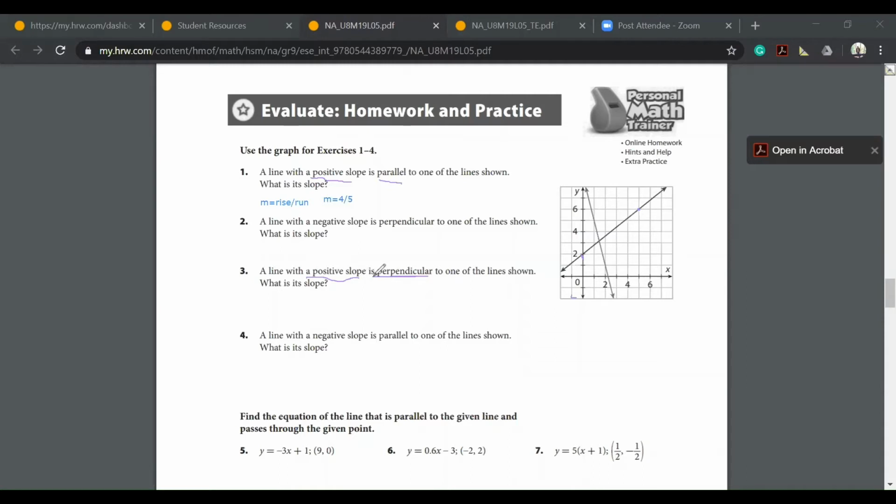Let's try, girls, to understand it. I know that the first thing that will come into your mind is, yes, teacher, since he is talking about perpendicular, M1 multiplied by M2 is -1. Yes, very good. And since he is talking about positive slope, he is talking about this line. Actually, this is not very good. This is not true. Why? Parallel, girls, means that they have the same slope.